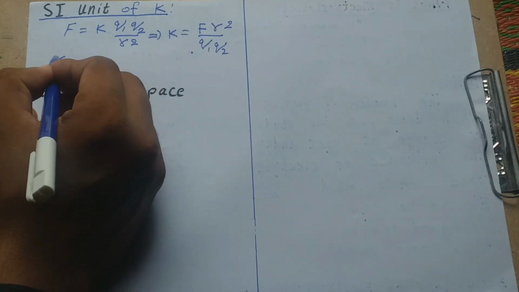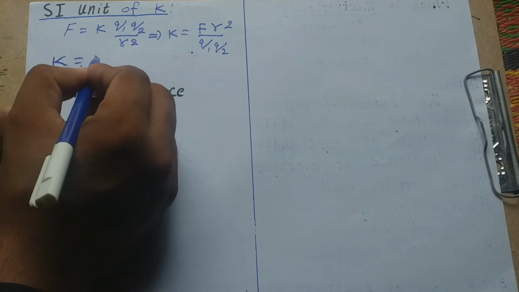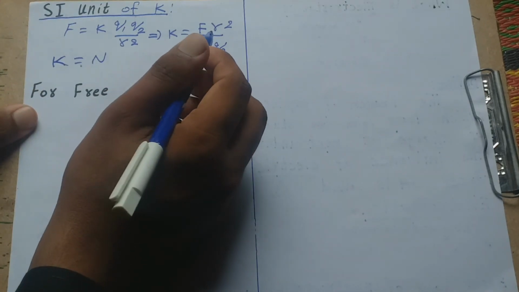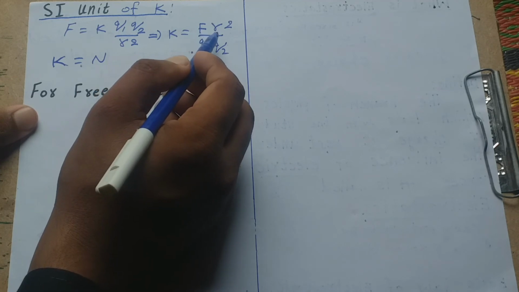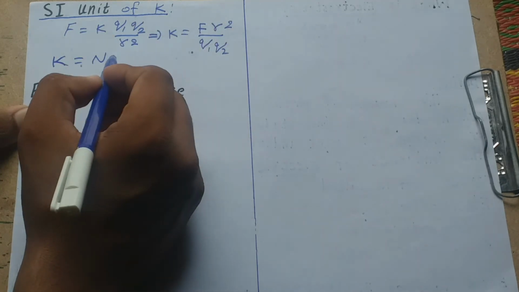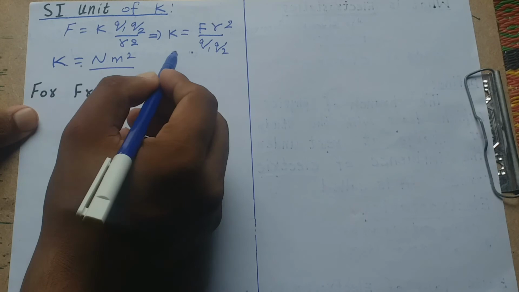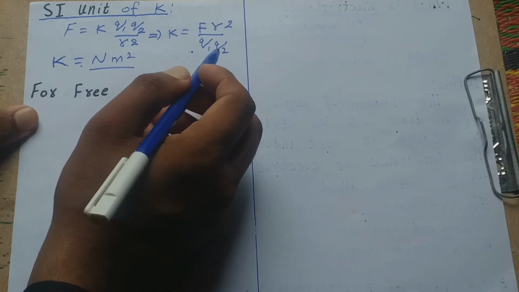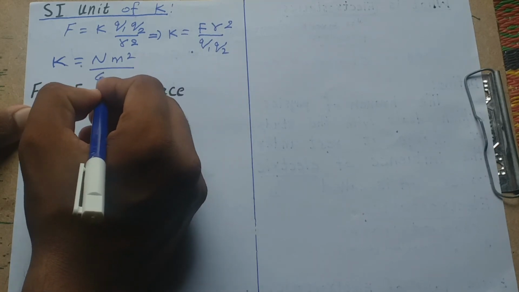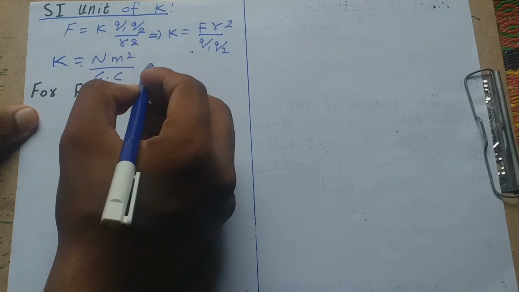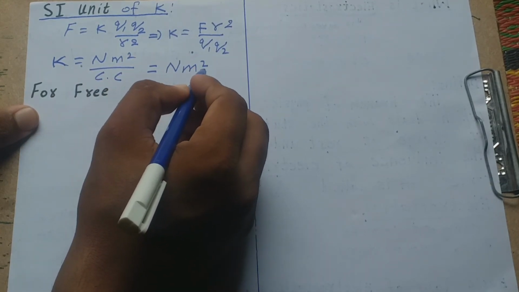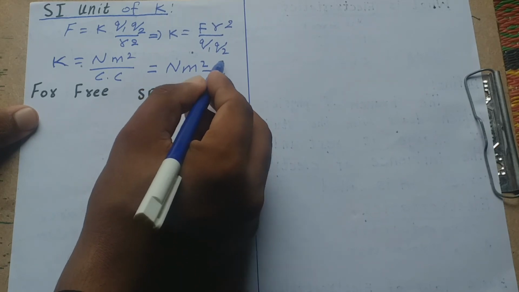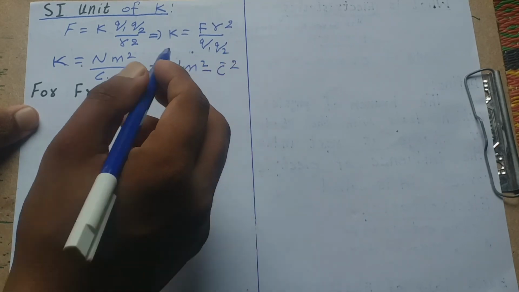The SI unit of force is newtons, R is meters, so R squared is meters squared, and the SI unit of Q is coulombs, C. Then the unit of K is newton meter squared over coulomb squared.